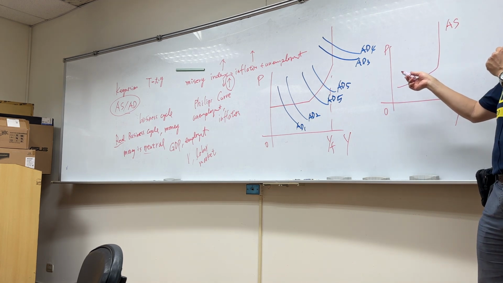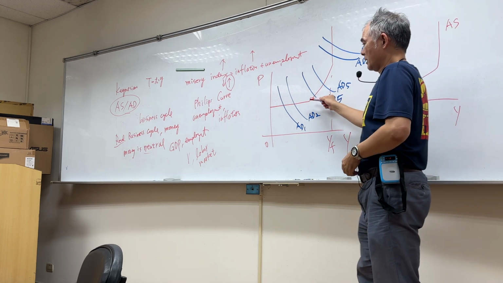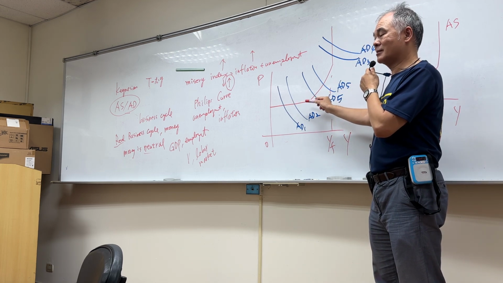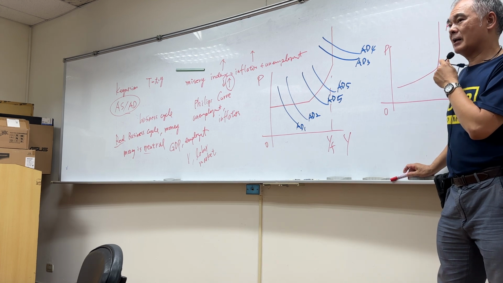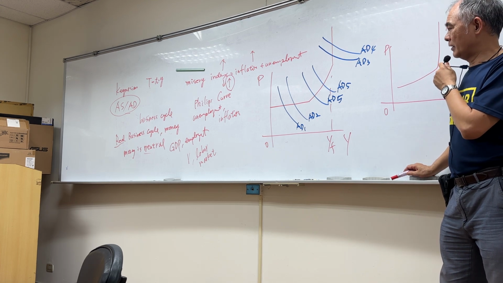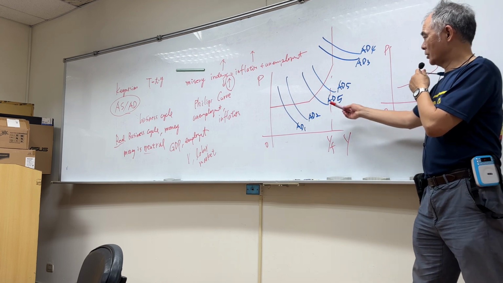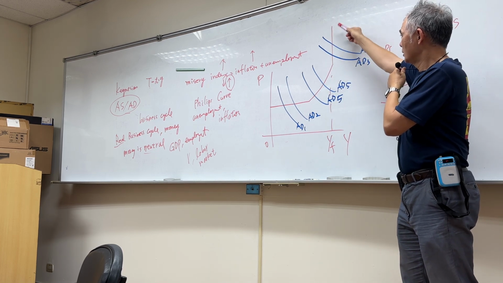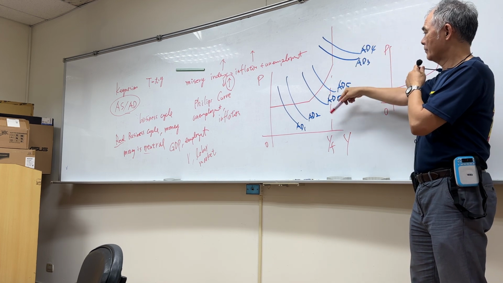Usually I'll put it down this way, because this horizontal section seldom exists. You seldom see such a situation where the economy is at a very high level of employment and then an increase in aggregate demand will not increase the price level. Generally, that is not true. Usually it's like this and here. So sometimes we call this the full employment production level.